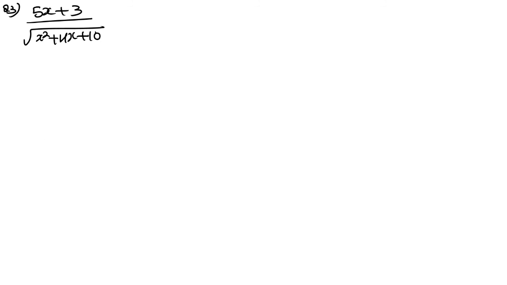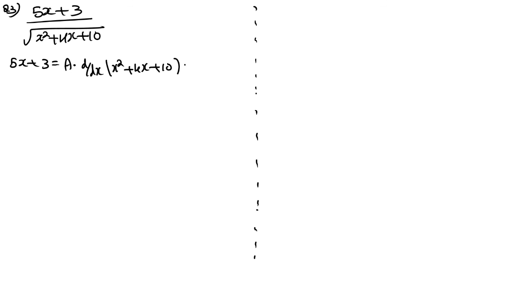See the next question, 5x plus 3 by square root of x square plus 4x plus 10. Similar to the previous question, consider 5x plus 3 is equal to a into d by dx of x square plus 4x plus 10, plus b. I will symbolize this one: integration of 5x plus 3 divided by square root of x square plus 4x plus 10 into dx.